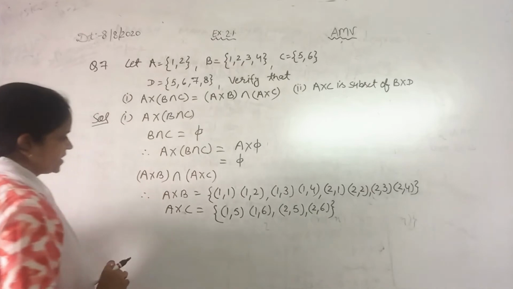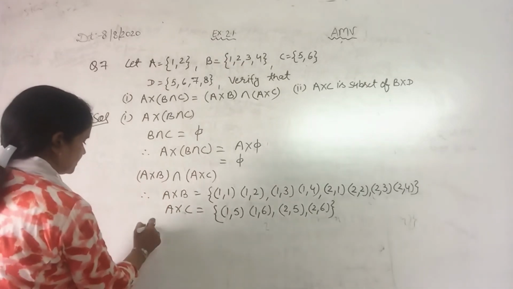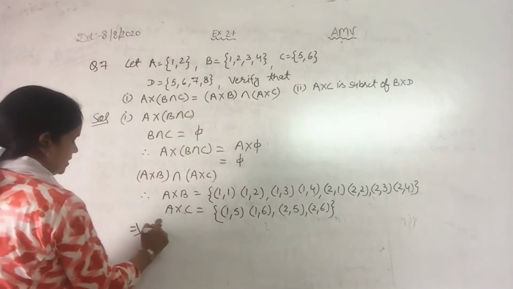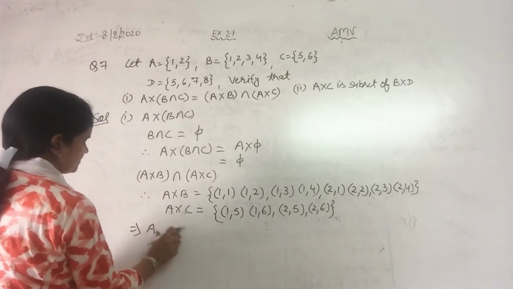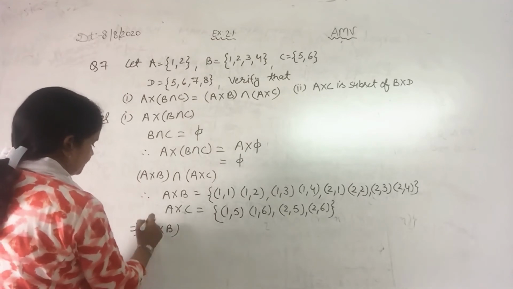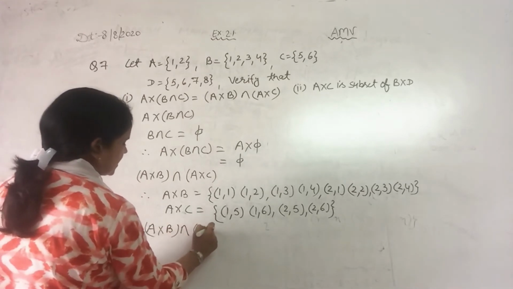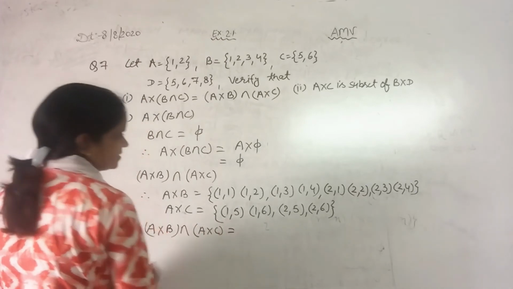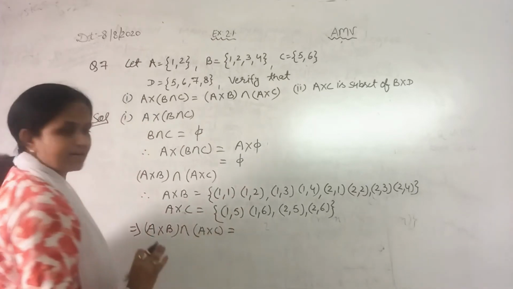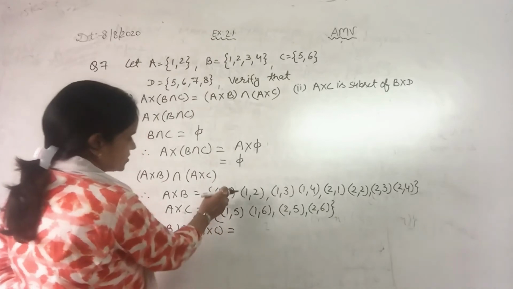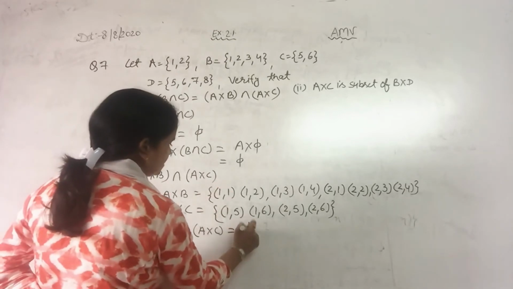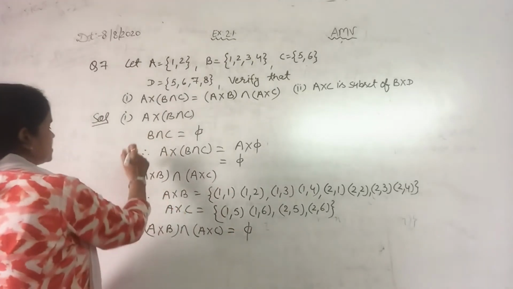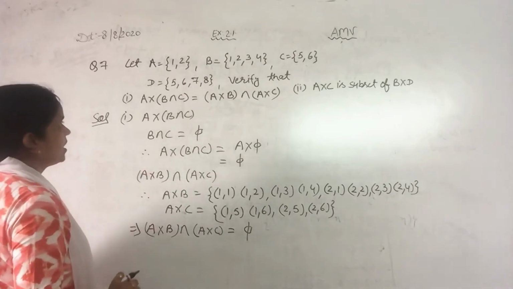Now see the intersection of A, B intersection Cartesian product AC. There is no element common in these two sets. So it's empty. Okay. Now LHS is equal to RHS.